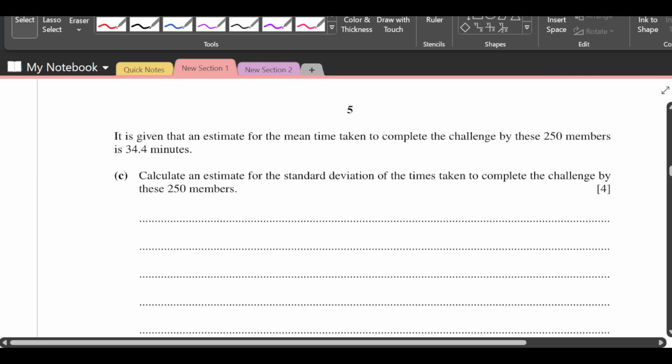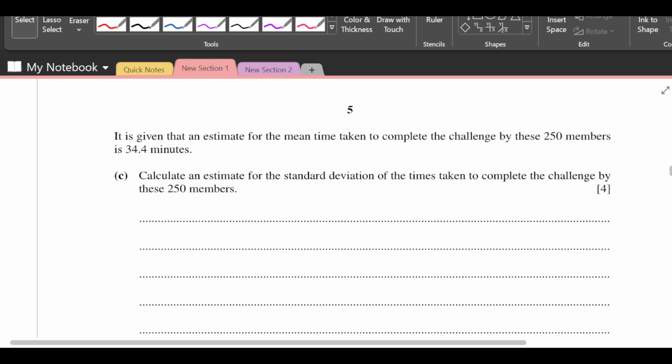Next, it is given that an estimate for the mean time taken to complete the challenge by these 250 members is 34.4. So mean is 34.4.